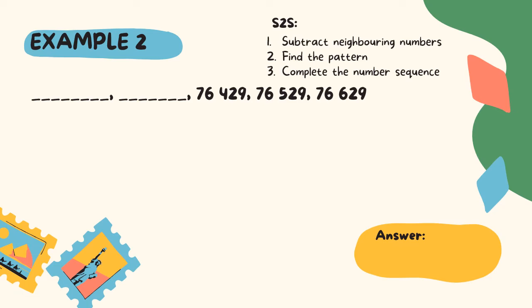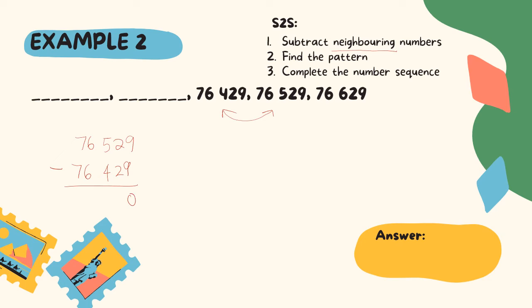So first we are going to subtract the neighboring numbers. Neighboring numbers here means when the numbers are next to each other. So these two numbers, obviously we are going to subtract bigger number minus smaller number. So we have 76,529 minus 76,429.